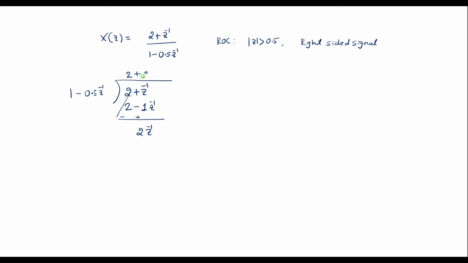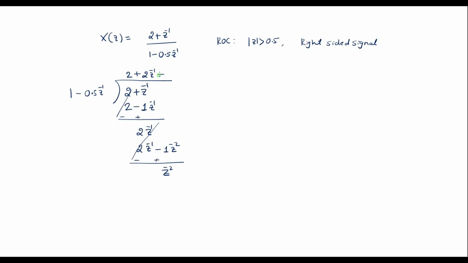Now divide this with 2 z inverse. Multiplying 1 with 2 z inverse is 2 z inverse minus 1 z power minus 2. Simplifying, the first terms get cancelled and we get z power minus 2.